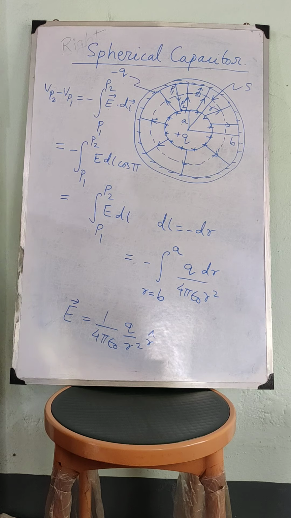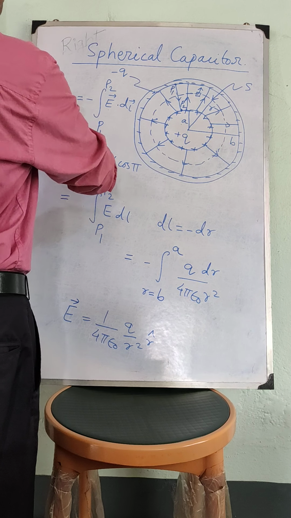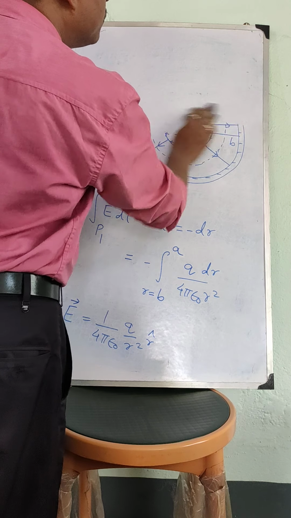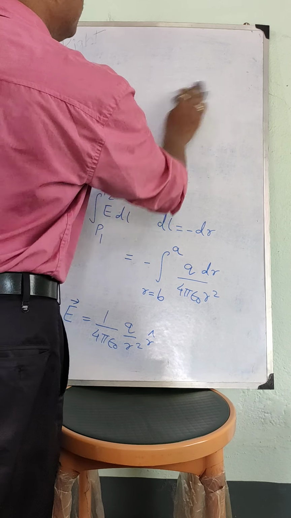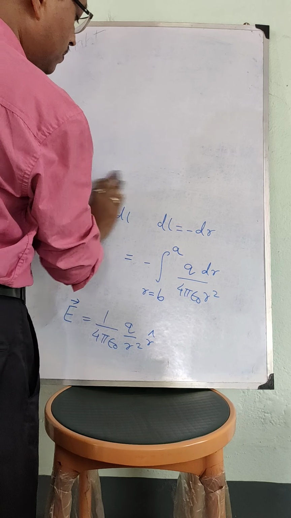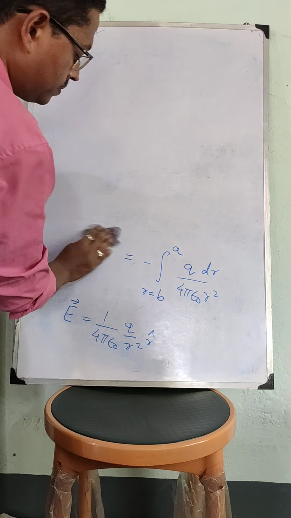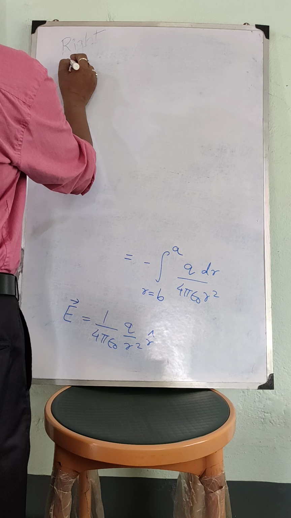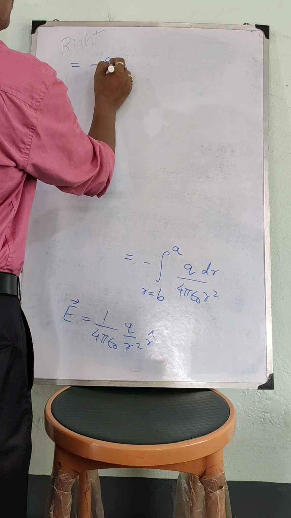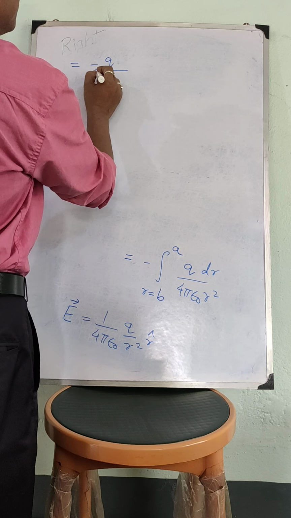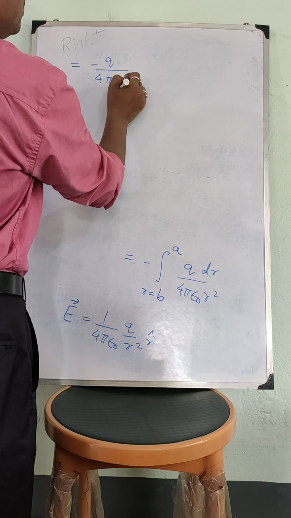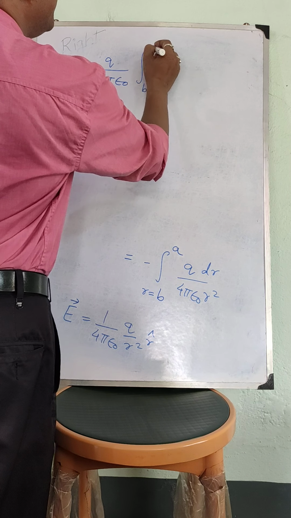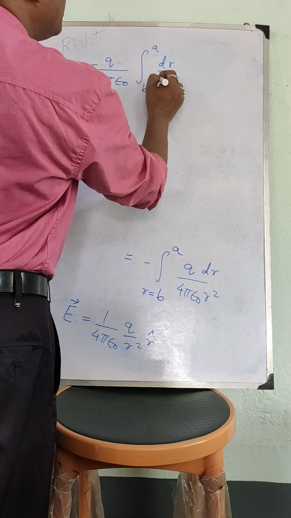Now you can calculate this integration. So this is equal to minus Q divided by 4 pi epsilon 0 times the integration from b to a of dr by r square.